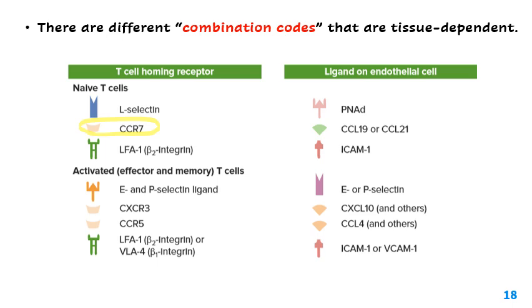This CCR7 is going to tell the T cell that it has to go inside your secondary lymphoid organs. It has to go to the lymph nodes, hop from lymph node to lymph node, go back to the blood circulation, check out the Peyer's patches, and go back to the blood circulation. It's totally naive. It keeps on recirculating, right?